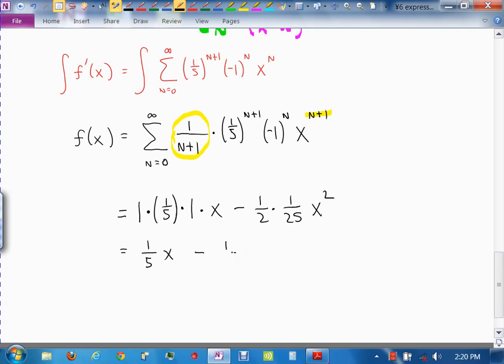So minus 1 over 50 x squared, and so on and so forth, plus dots.